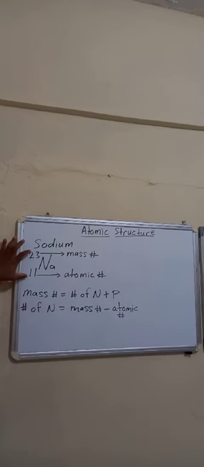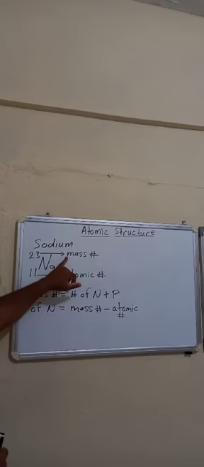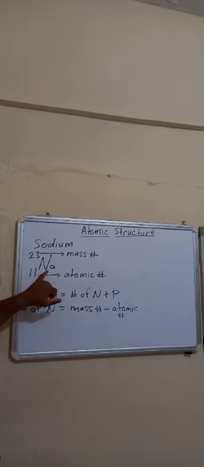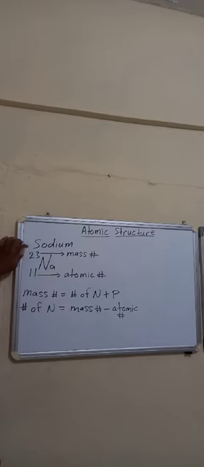The mass number is always the larger number, so if you check a periodic table and see the larger number, that's the mass number. The mass number is always larger than the atomic number.